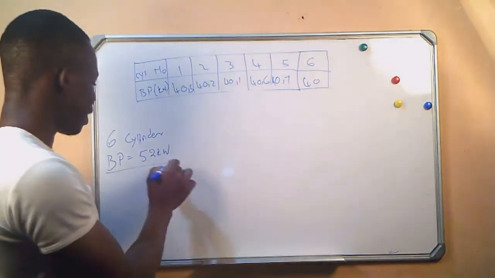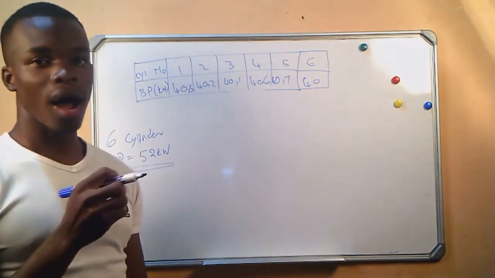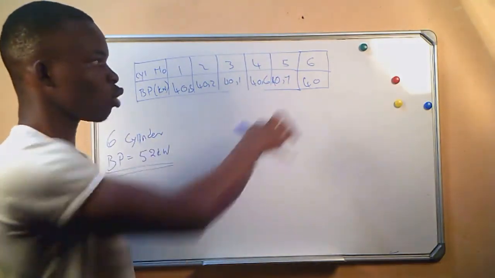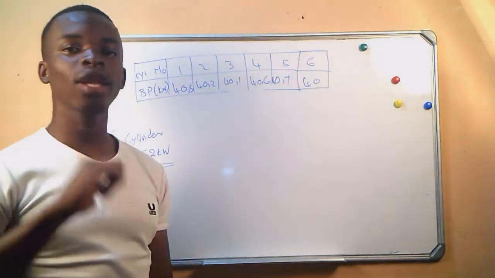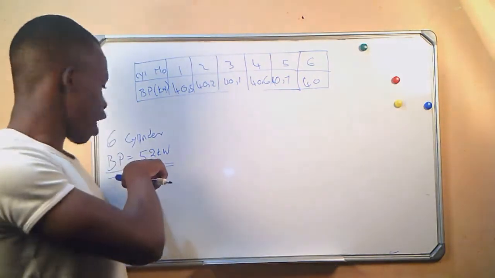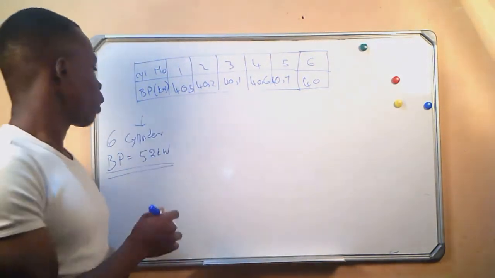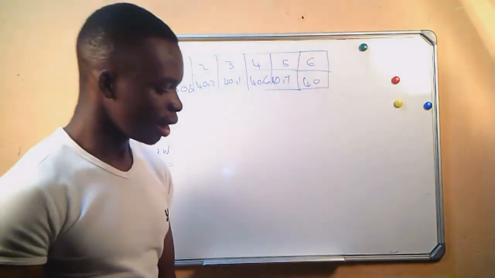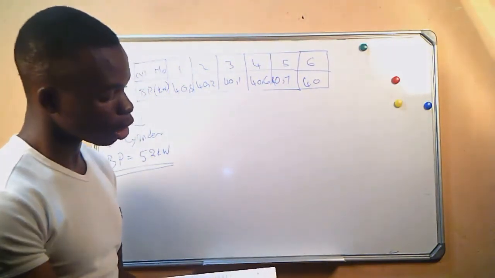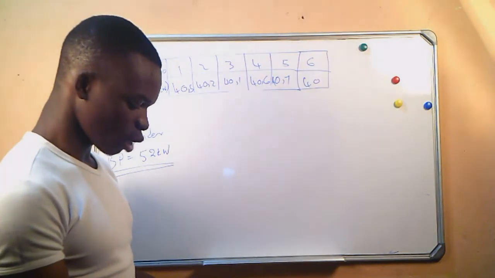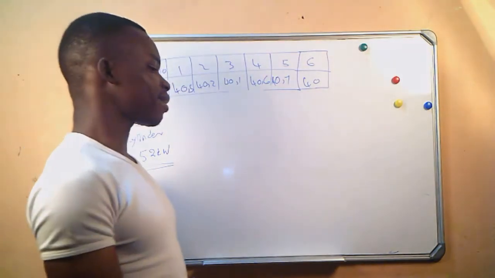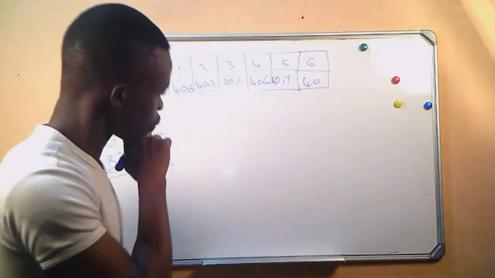They gave us the original brake power when all the cylinders were active, and they told us it's a 6-cylinder engine. And then they tell us the questions. They say we must calculate the estimate of the indicated power. This is what we are going to do.